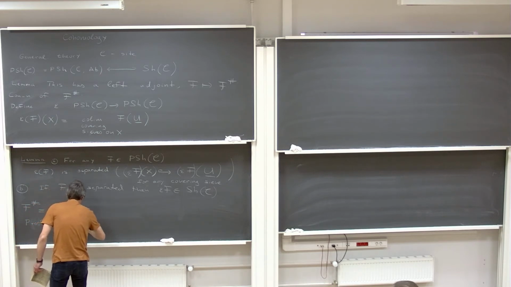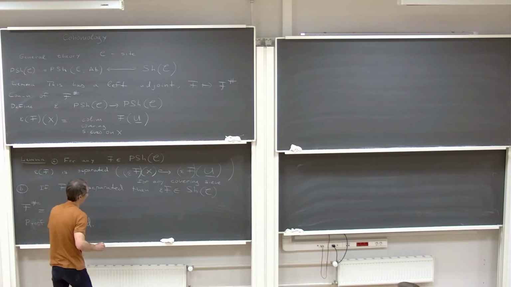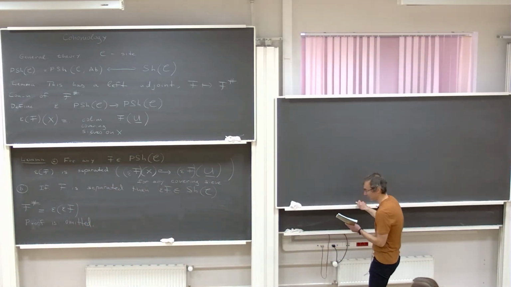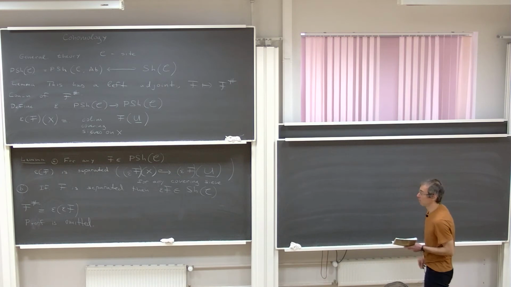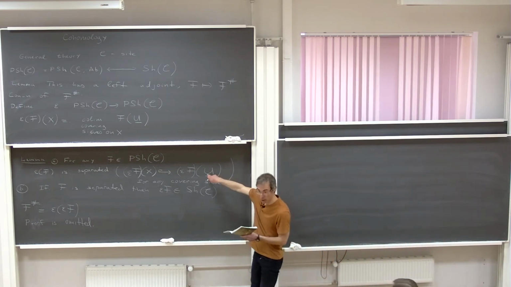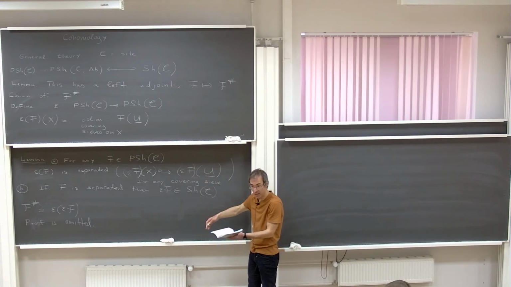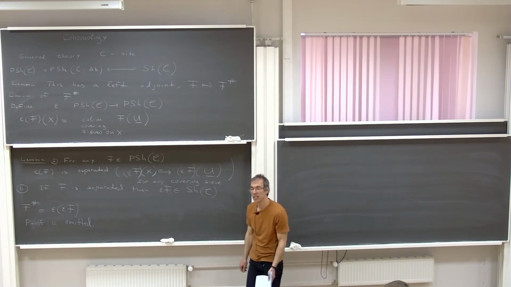In fact, today there will be only one exercise, which is. Well, first you make your presheaf separated, apply an epsilon once, and then you again. So this is a tricky step, which is both steps.